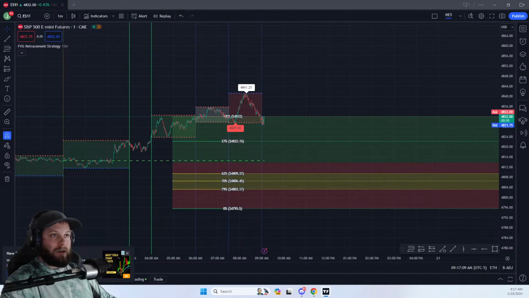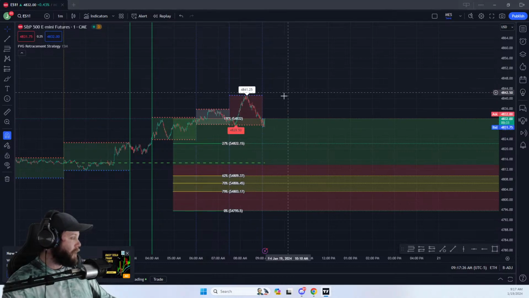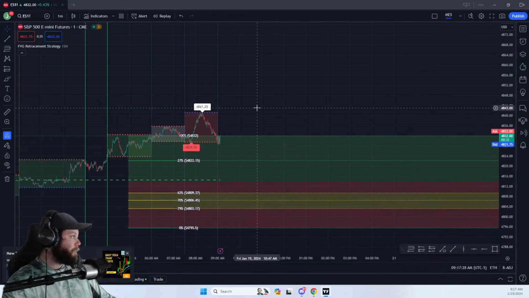Do label color too. Need that to be green. So we would add that to here and label color green. Hit save, and that should make this disappear because as you can see, it's not what it should be.